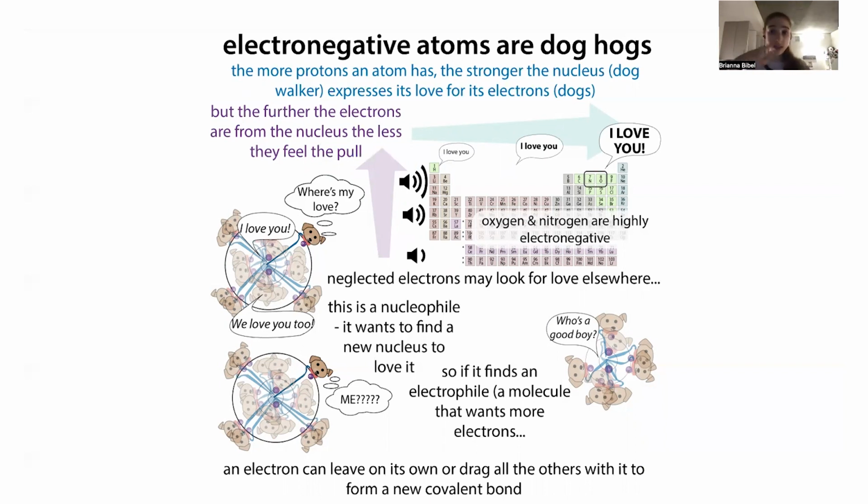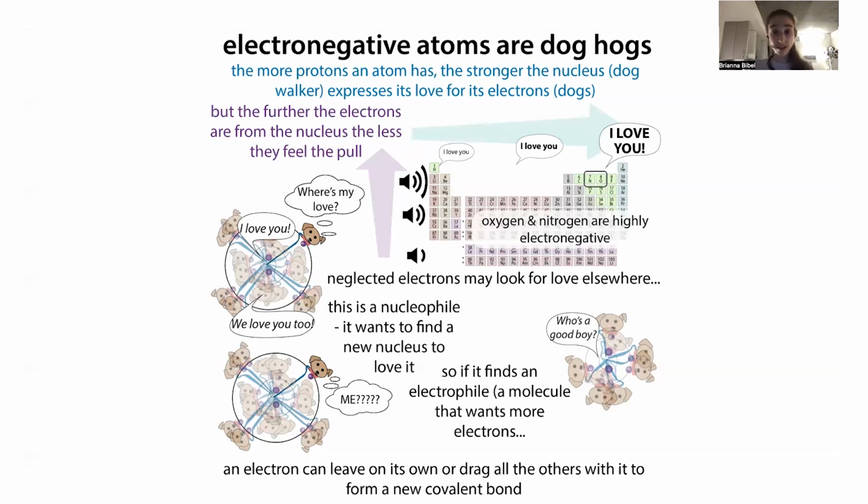Because you have these merged clouds, these electrons are free to roam between them. They're going to hang out more with the one that is more electronegative, the one that's better at wooing them. This is going to mean that you have more of the electron density by that more electronegative atom.